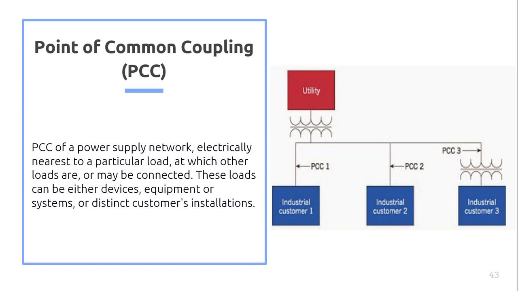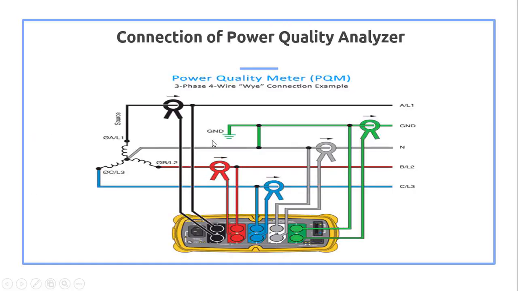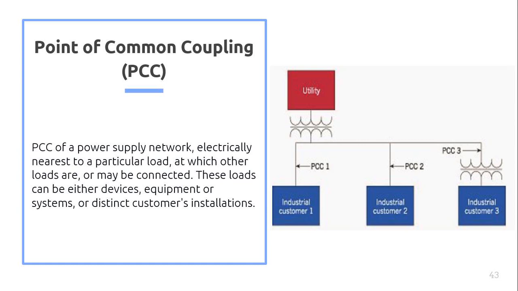Now, why and where do we connect this power quality analyzer? When we connect our power quality analyzer, first of all we have to find the location where we have to measure all these quantities. So this is the diagram. Here is the utility. From here, this is the transformer. After the transformer, all loads are connected like this.